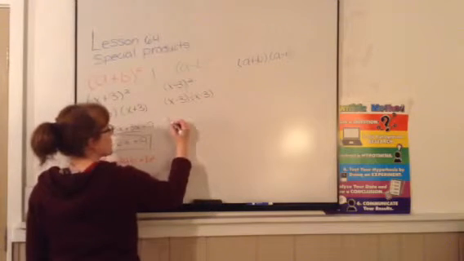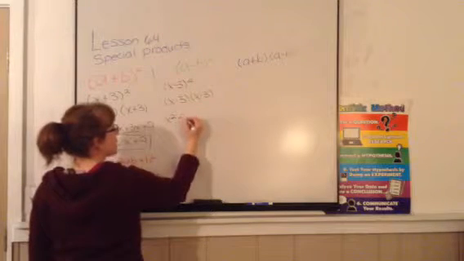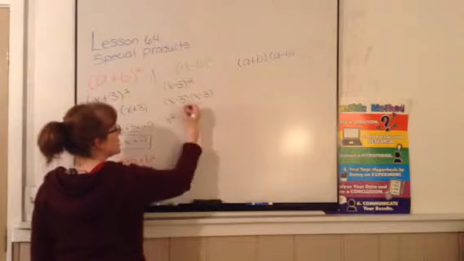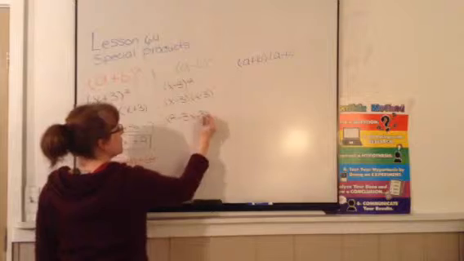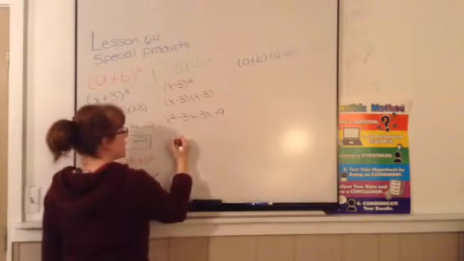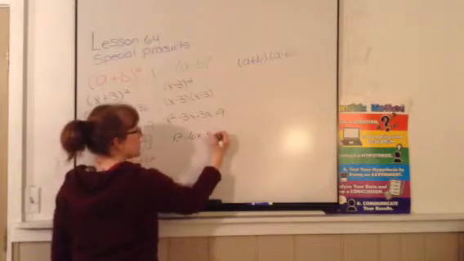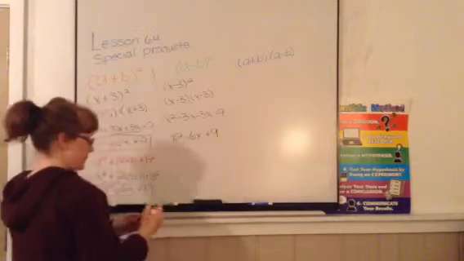X times x is x squared minus 3x minus 3x, and then negative 3 times negative 3 is positive 9. So I have x squared minus 6x plus 9 as my answer.